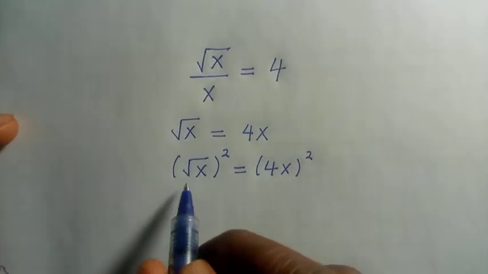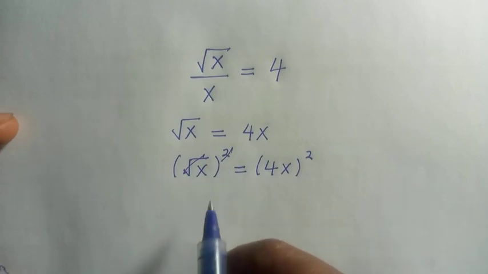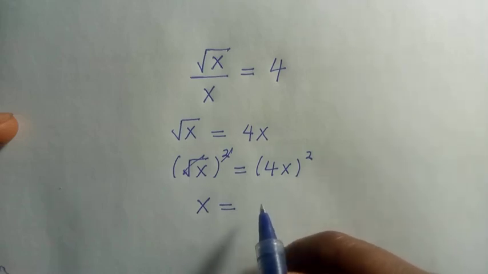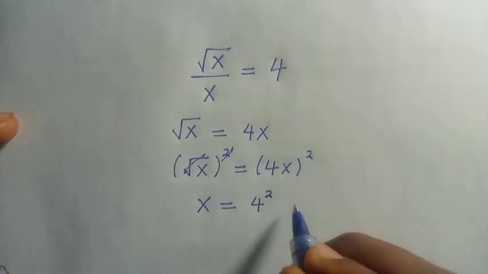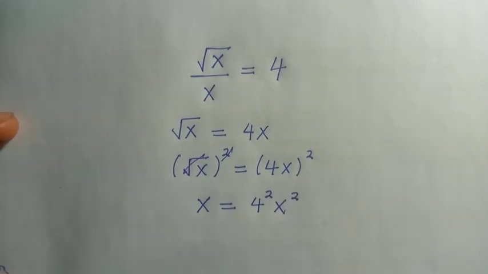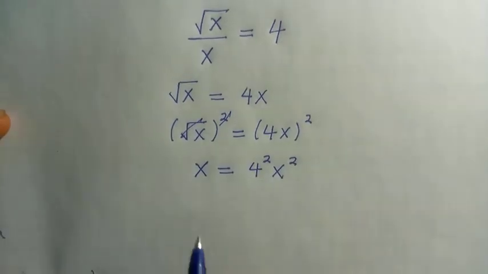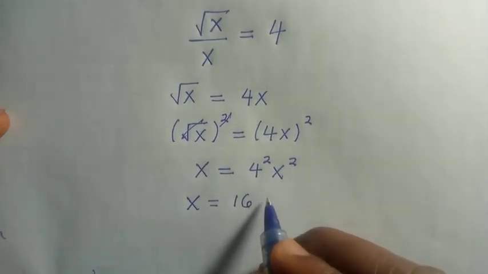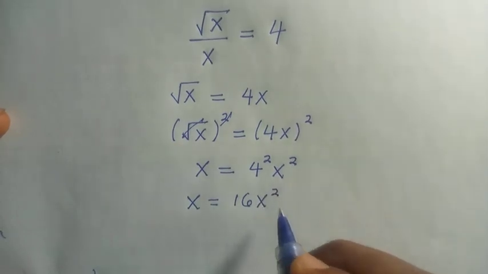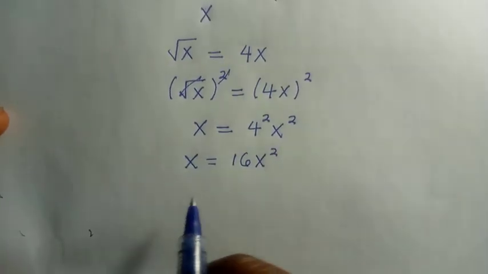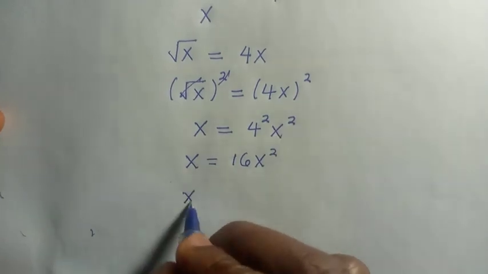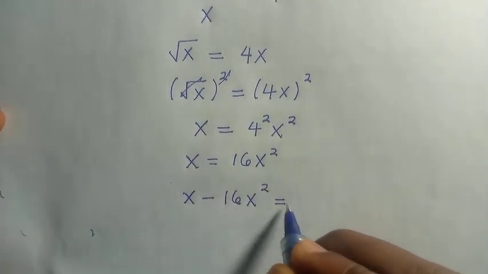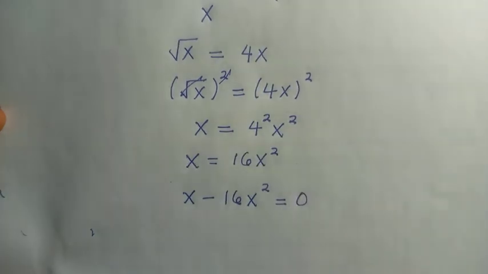When we simplify, here remains x equals, by the rule of exponents, 4 squared and x squared. So 4 squared gives us 16, and x squared remains x squared. Let's take this one here: we have x minus 16x squared equals 0.